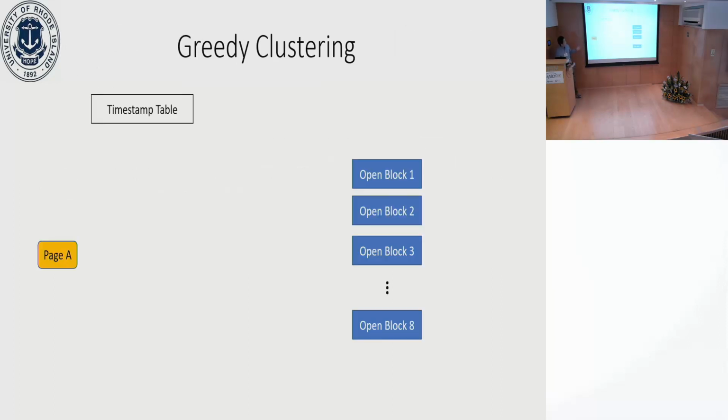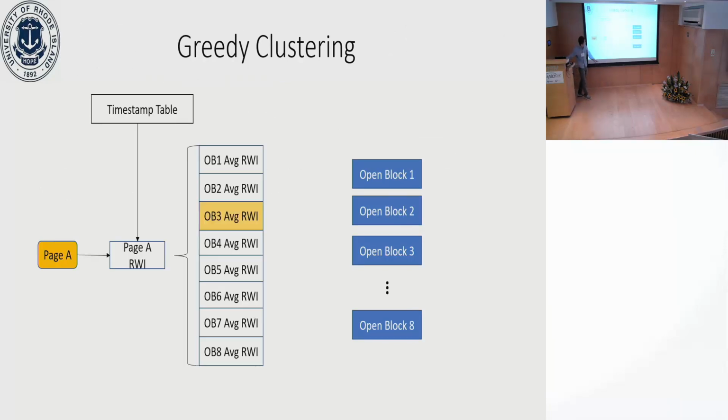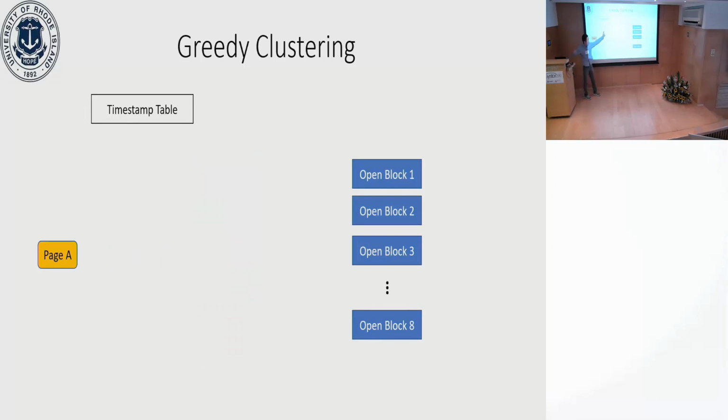Here I will introduce how to do the clustering. Suppose we have 8 open blocks here. We maintain the write interval of each open block in a table. When a page comes in, we look up its recorded timestamp in the timestamp table, and then subtract the recorded timestamp of page A from the current timestamp to calculate its write interval.